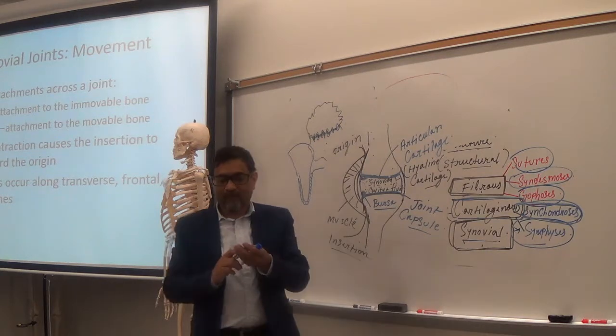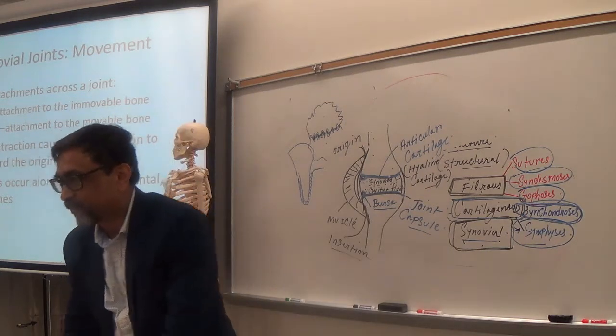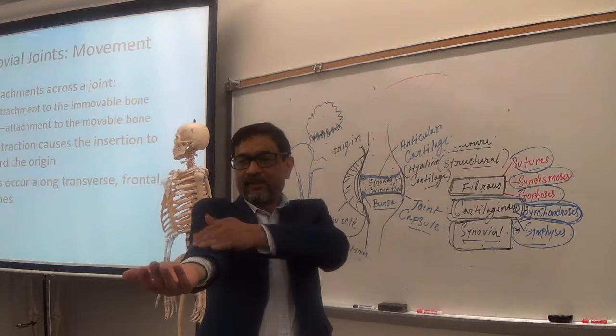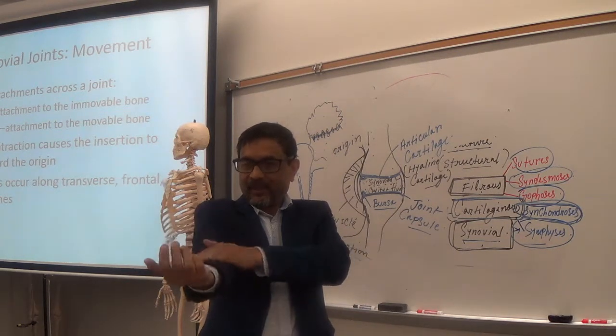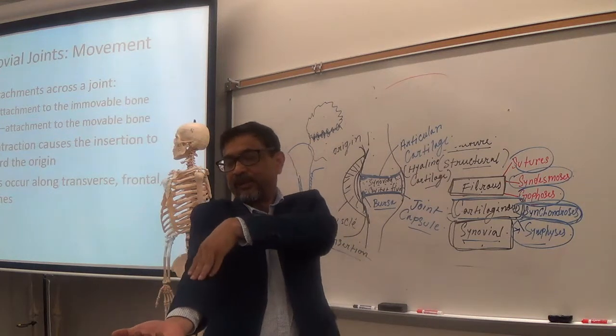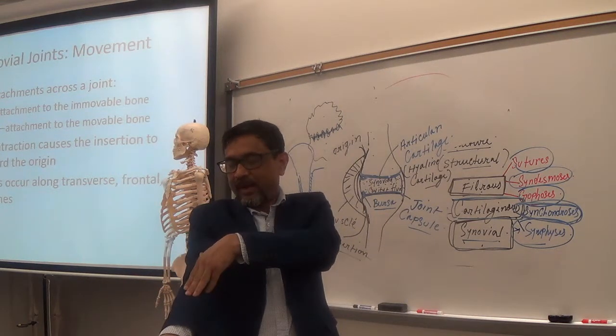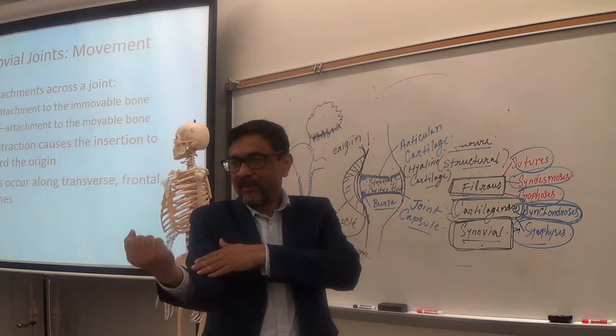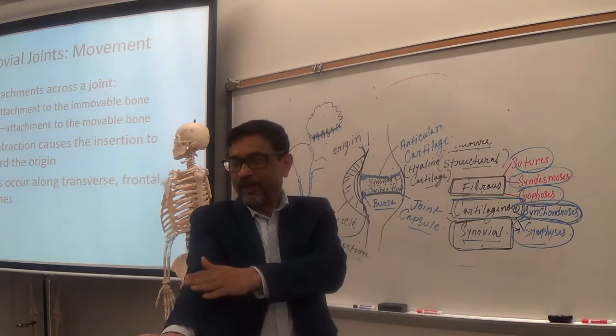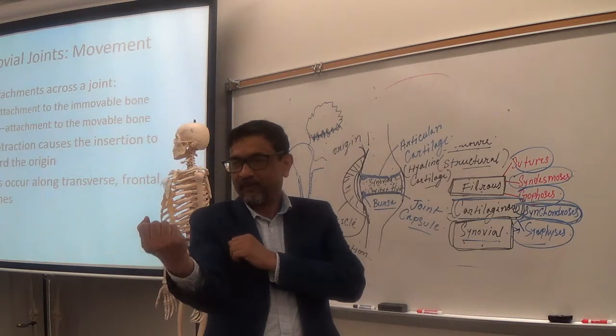Now, tell me, this is a muscle here, your biceps. This muscle goes like this, and I'm moving my forearm towards my arm, like this. So which part is moving, forearm or arm?